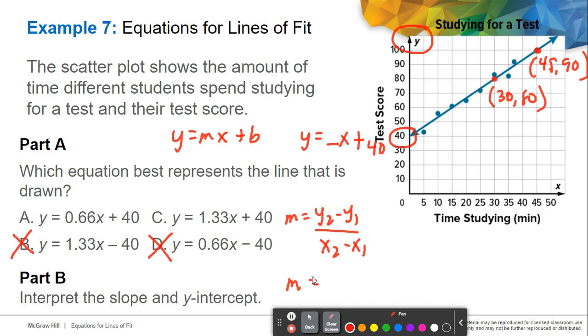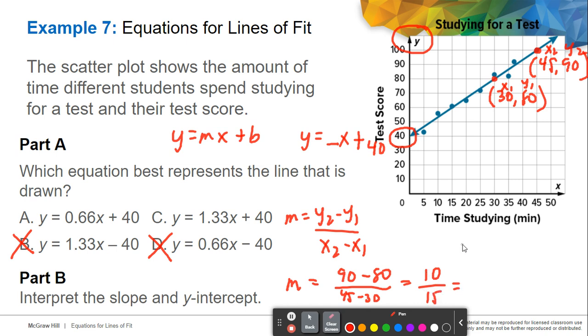Just to be exact, because sometimes we might forget that we only counted by 1, wherein the interval is by 5. So it's better to use the formula to be sure. Label your points so you will not be confused. So it will be 90 minus 80 over 45 minus 30. So 90 minus 80 is 10, 45 minus 30 is 15.